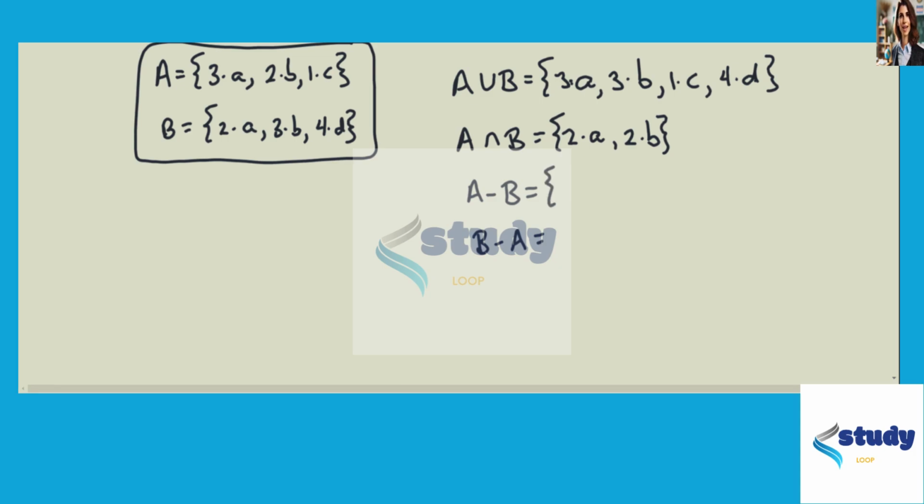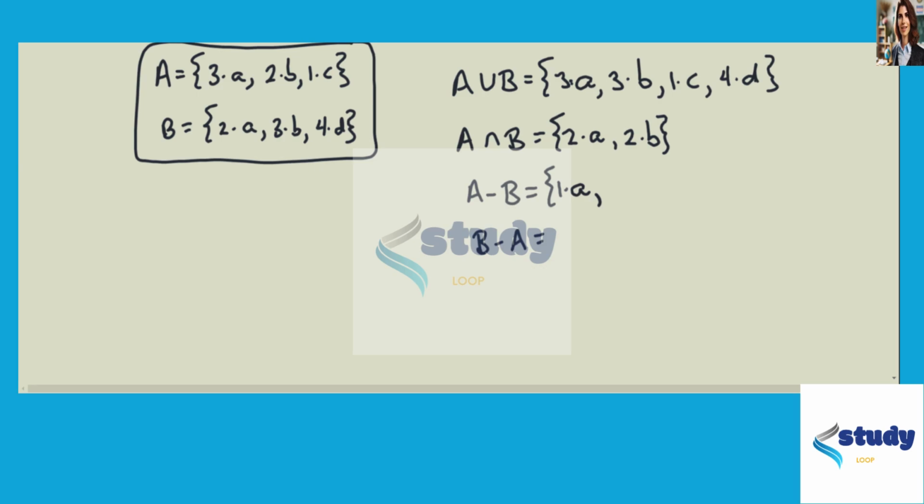So for the A's, that's 3 minus 2, so 1 A will be in that difference. For the B's, that's 2 minus 3. That's a negative 1. Because it's negative, we're only going to go to 0. So there's going to be no B's in this difference.